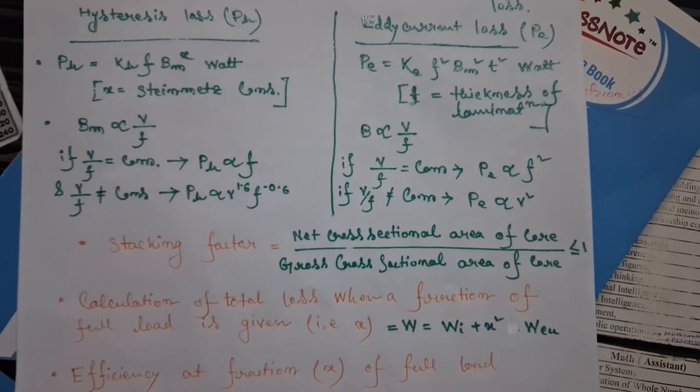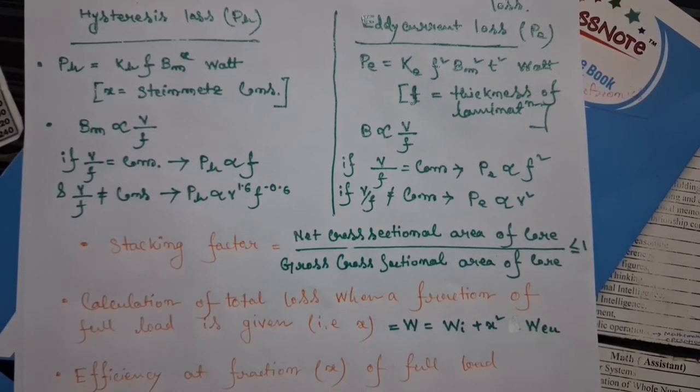Then you have to remember the calculation of total loss when a fraction of full load is given, that is x. If x as a fraction of full load is given, then the total loss W equal to Wi plus x square into WCU. Here Wi is iron loss and WCU is copper loss and x is the fraction.